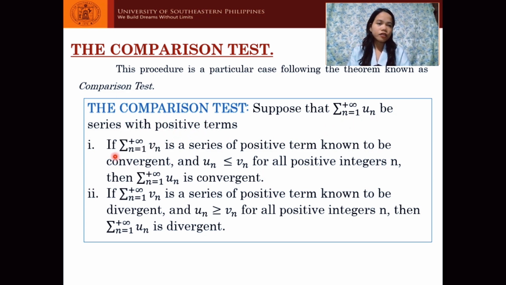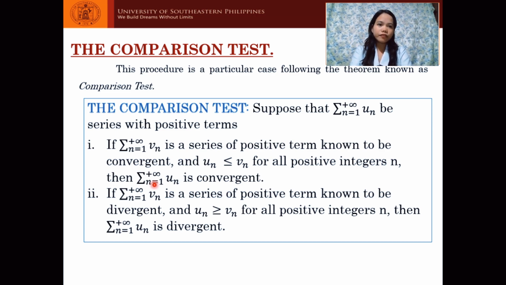Condition number 1: if the summation of v sub n from 1 to positive infinity, a series of positive terms, is known to be convergent, and u sub n, our given series of positive terms, is less than that known convergent series for all positive integers n, then we can conclude that the summation of u sub n from 1 to positive infinity is also convergent.